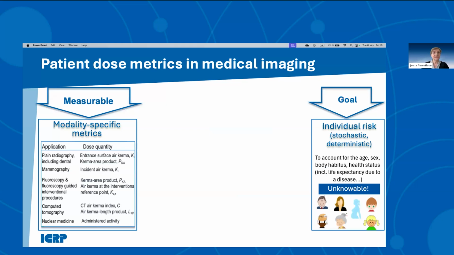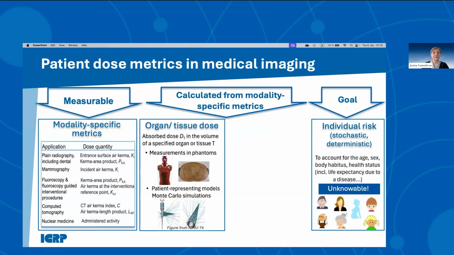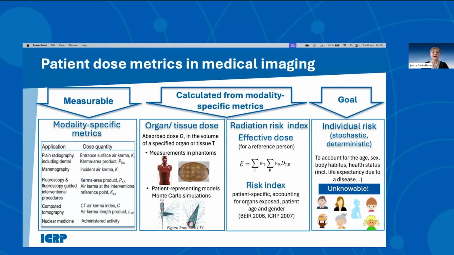That's why we are using measurable modality-specific metrics from which we can then calculate other metrics such as organ and tissue doses, or if needed, we can combine them as a risk index. The most used one is currently the effective dose. So for different modalities, we have different modality-specific metrics in imaging.